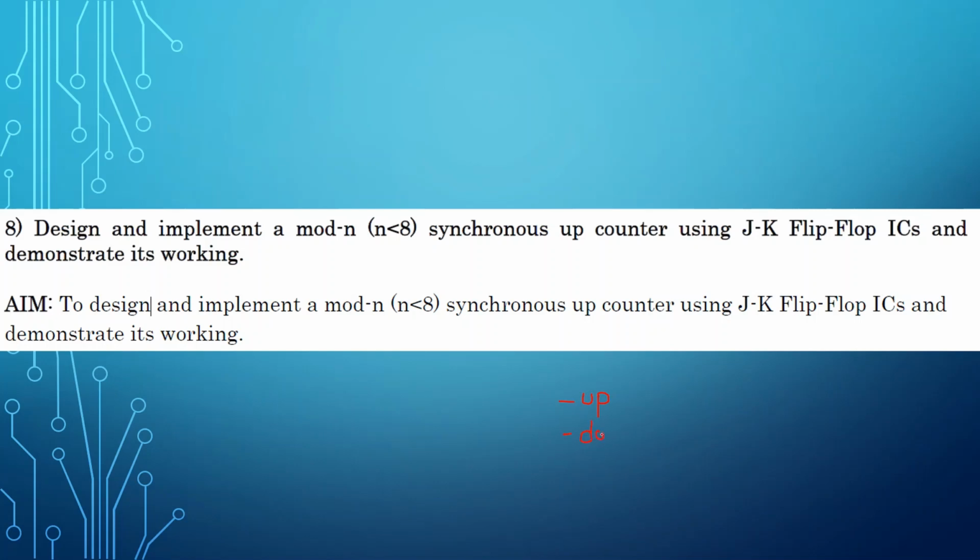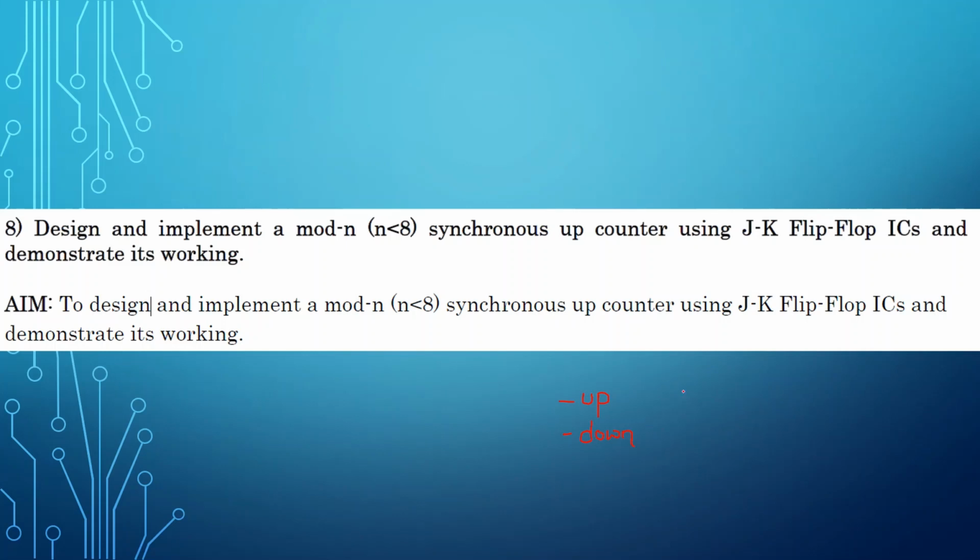These are the two basic categories. Up counters are those which count starting from 0 to the higher numbers, up to the number you define in terms of its modulus. Down counters are those which count in a downward fashion up till 0 and return back.